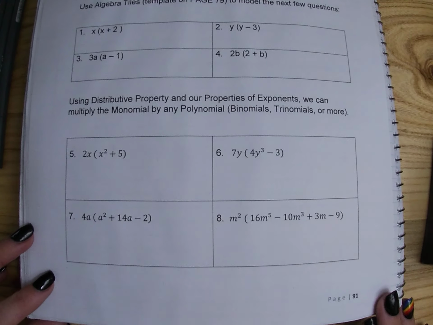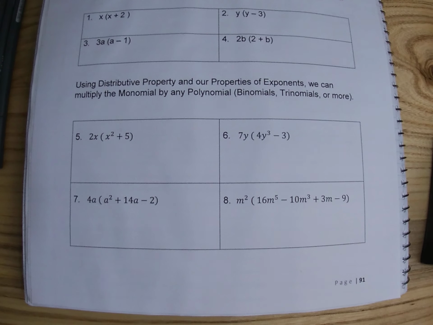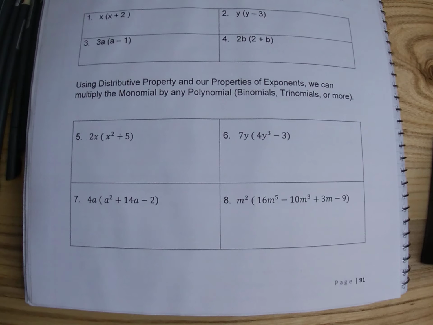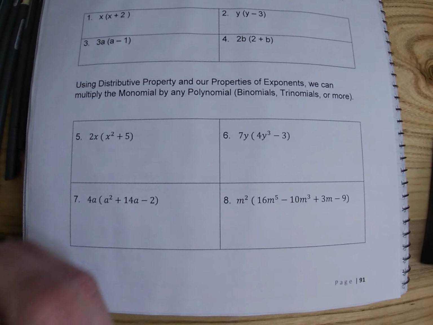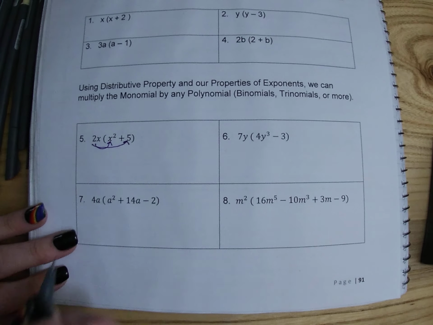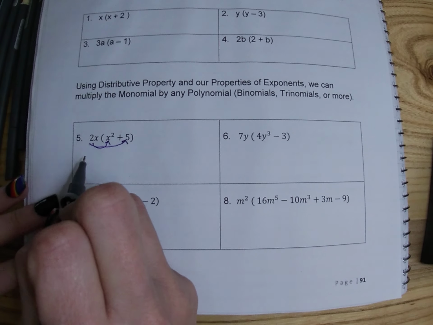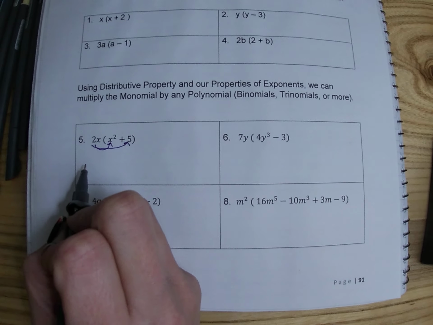When we are looking at example number 5, we have 2x times x squared plus 5. Again, we see this distributive property happening. We're taking the 2x that we have out in front, and we want to multiply it out to each piece sitting inside the parentheses, which means we want to take 2x times x squared, and we want to take 2x times the 5.